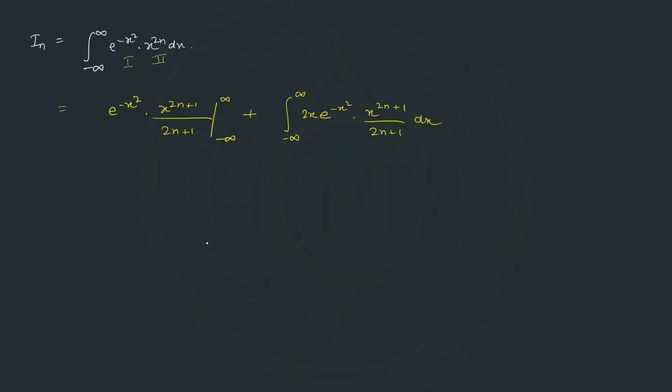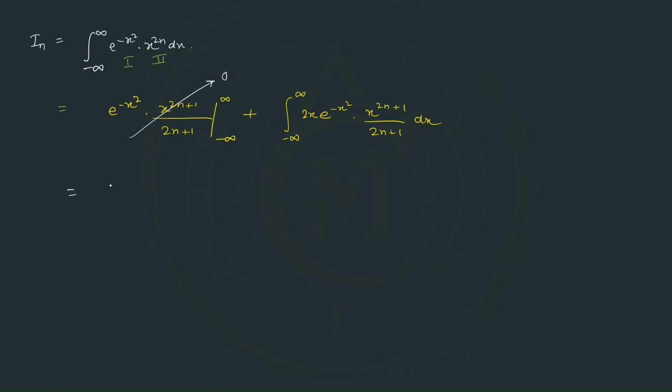Now if we apply integration by parts here by considering this function as the second function and this function as the first function, we will get e to the power minus x square times x to the power 2n plus 1 divided by 2n plus 1 with limits minus infinity to infinity, and then minus integral, then it will be minus and minus, so plus, then 2x e to the power minus x square times x to the power 2n plus 1 divided by 2n plus 1 dx. Now this integral will evaluate to 0 if you put the limits.